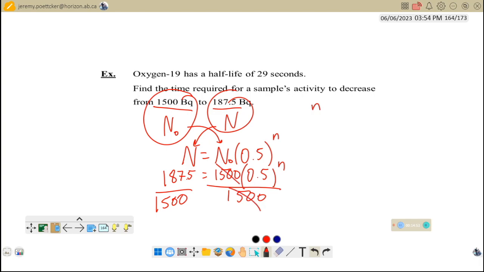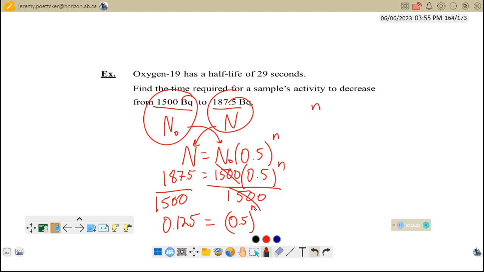The 1,500 goes away, I am left with 187.5 divided by 1,500, which is 0.125. 0.125 is equal to 0.5 exponent n. I recognize right away that 0.125 is the same as 1/8.